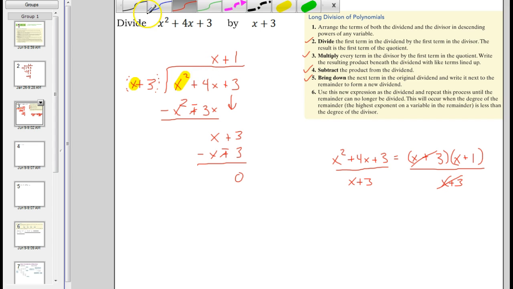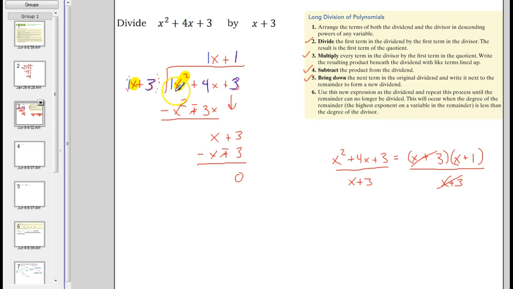Alright, something else I really want you to see here, to really emphasize that this is the same as what we just did with numbers. Notice this is a coefficient 1. This coefficient is 1. This coefficient is 1. So what I'm going to do is rewrite these numbers in blue that were in the division.